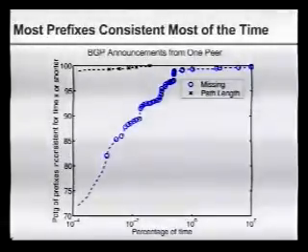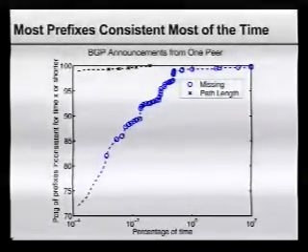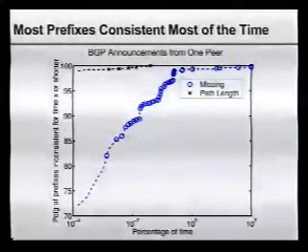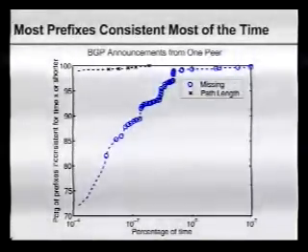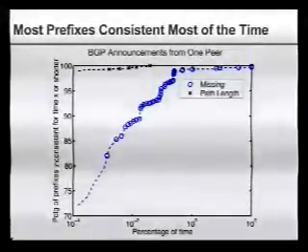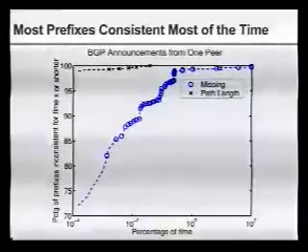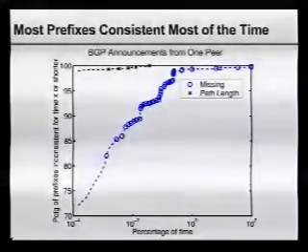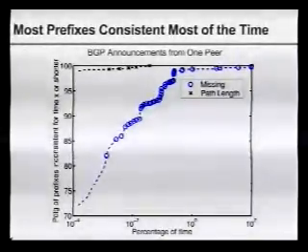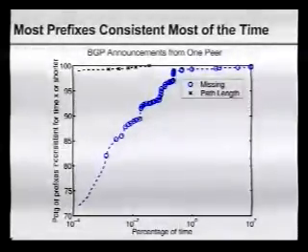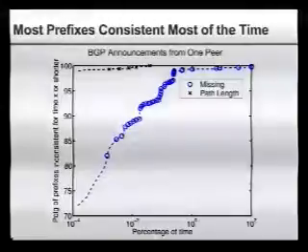So if we read up from, for example, 10 to the minus 2, we can see that for this peer, 85% of the BGP routes, or 85% of the prefixes, had less than a minute during the entire week for which they were inconsistent in the sense that they weren't being advertised at all peering points. That's what missing means in this case.